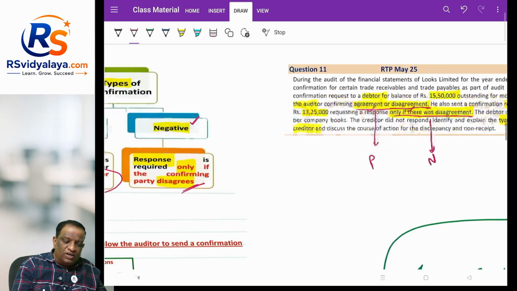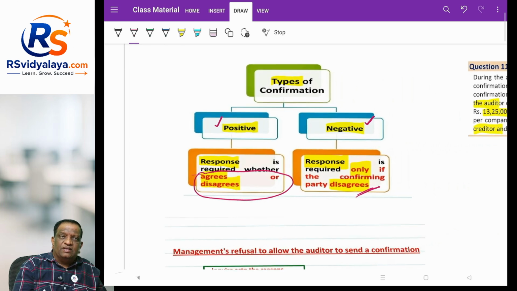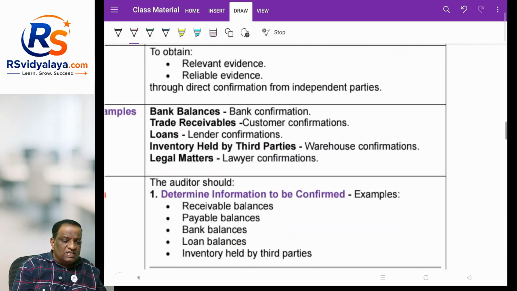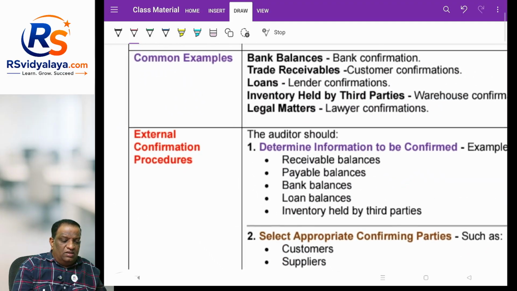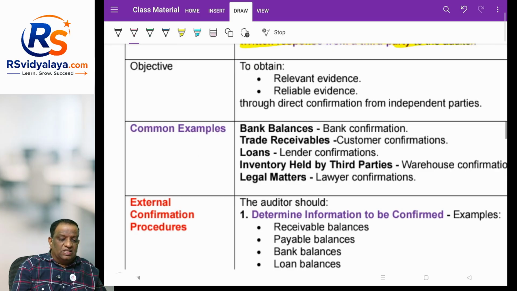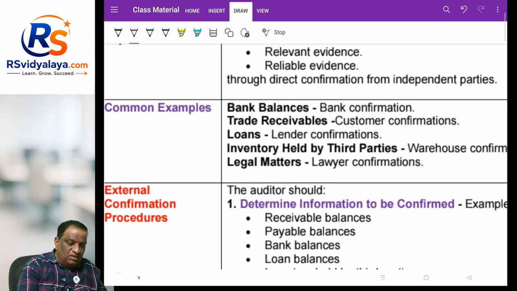So, it is important, and if you are being questioned on the types of confirmation, then it is a simple standard. So, what are the examples? Where do we get these kinds of confirmations? Simple: bank balance confirmations, which is the most common, and trade receivables, and then loans, wherever you get the confirmation from the lenders, and inventory which is with third parties.